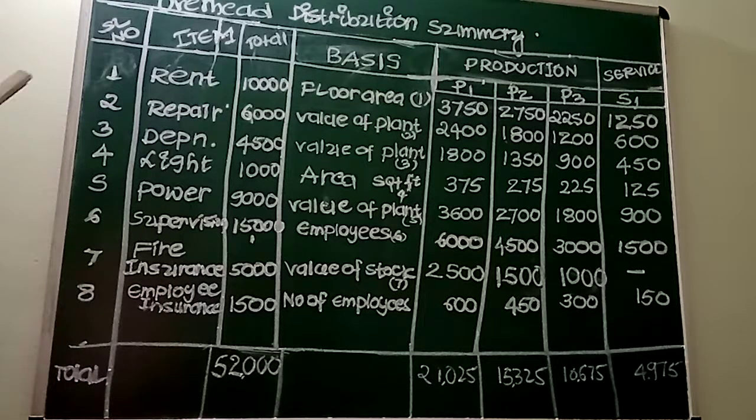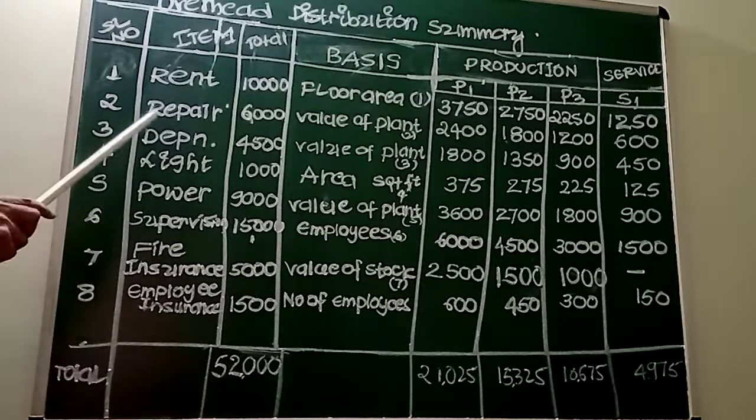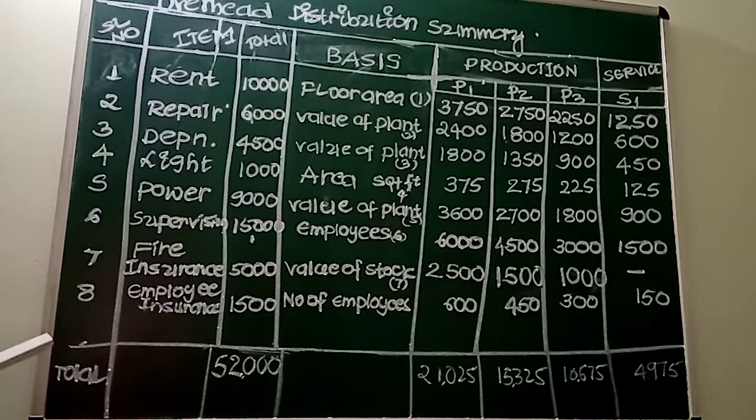See, the second important expenditure is repair. Repair is given as 6,000. See, how do you apportion the repair? Again, you go back to additional information. There the basis is given. See, this repair is actually for the plant and machinery. The value of the plant is 2,40,000, 1,80,000, 1,20,000 and 60,000.